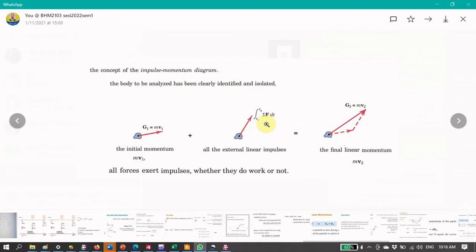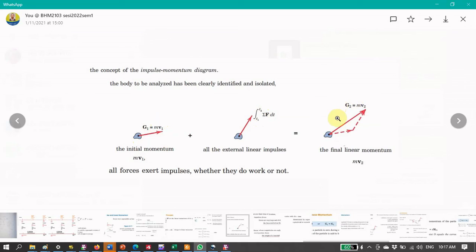What it says here is that the resultant force on the particle is zero. We are talking about the net force. So the net force is zero, or when we sum all the forces acting on the body over a period of time, we find that the value is zero, and we say that the linear momentum of the particle is conserved.